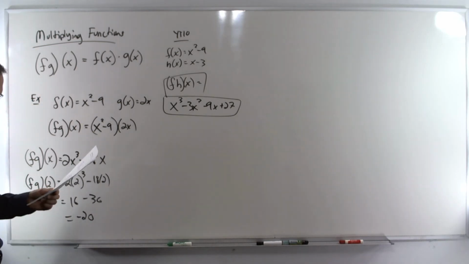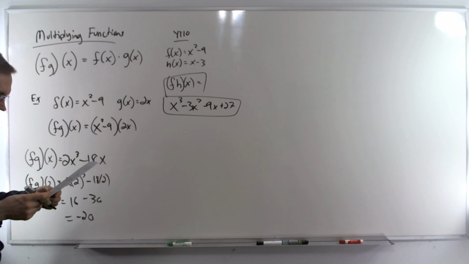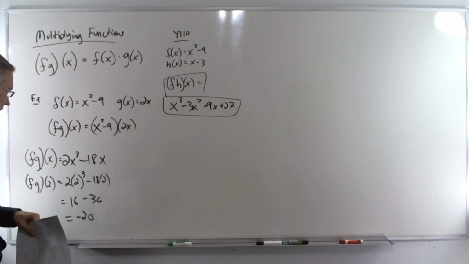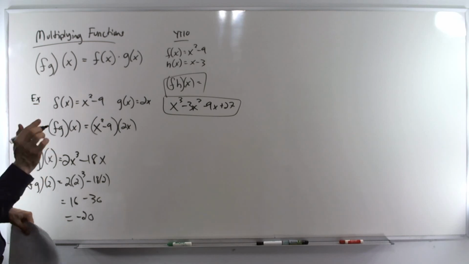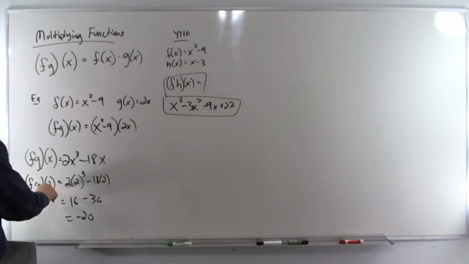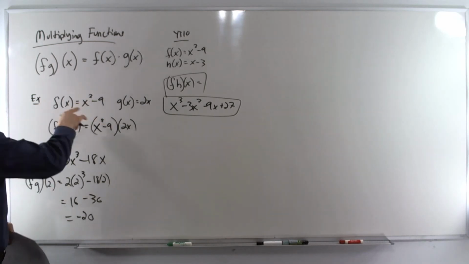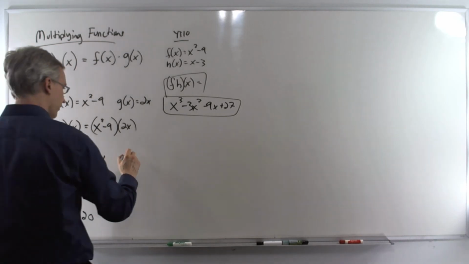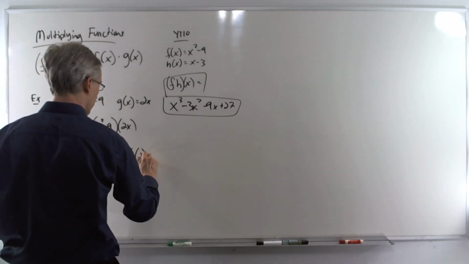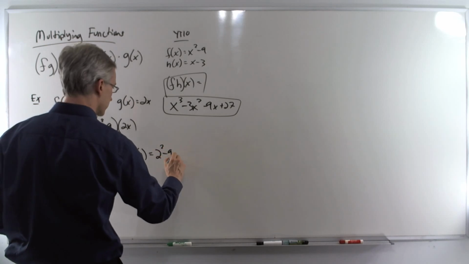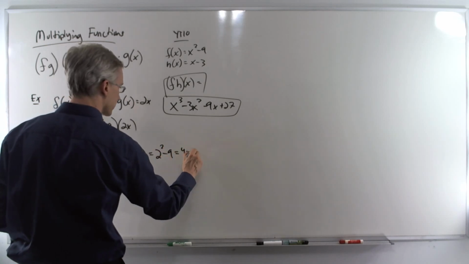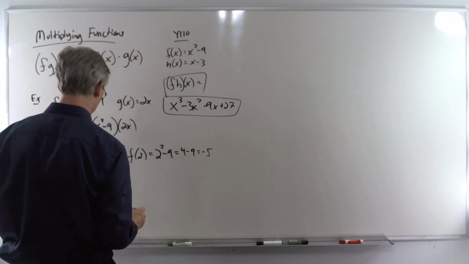Okay, so that brings us to one more thing I'd like to show you. I said that we get the same answer no matter which way we did it, so I just want to show that real quick. So I'm going to plug that 2 into each of these functions individually. So f of 2 is 2 squared minus 9, which is 4 minus 9, which is negative 5.